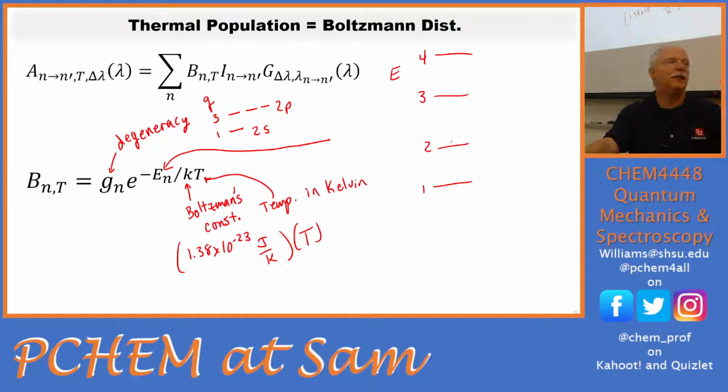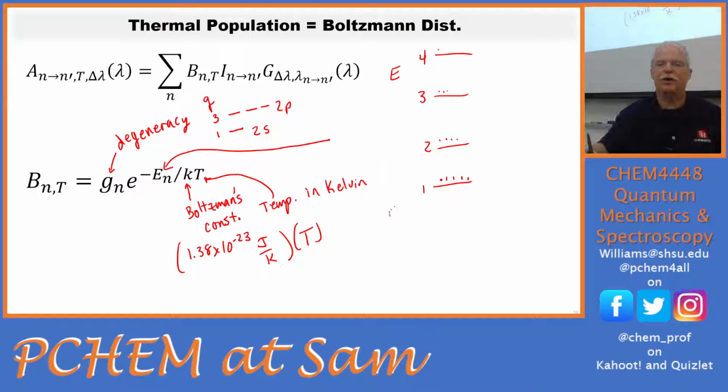It's going to be e to the minus x. It's going to be a smaller exponent. Let's see. No, it's going to be a bigger exponent because we have a higher energy. And since it's a negative exponent, it's going to be a smaller factor. And so the probability goes down as I get higher and higher in energy. So what we end up seeing is a lot of particles in the lower state, fewer particles there, and it falls off exponentially. So that's the Boltzmann distribution.